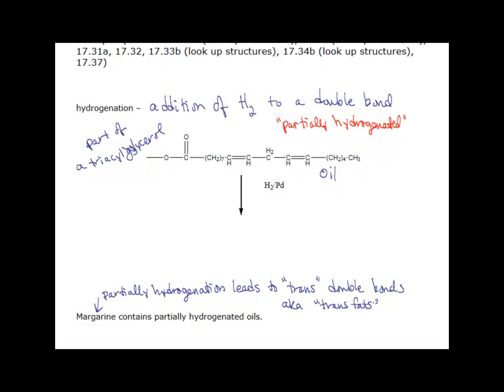Now, just everywhere you see labels that say does not contain trans fats, because of the scandal that erupted once they determined that trans fats aren't good for you. However, be careful what you're eating, because if you look at the ingredients and it says partially hydrogenated, it does contain trans fats.